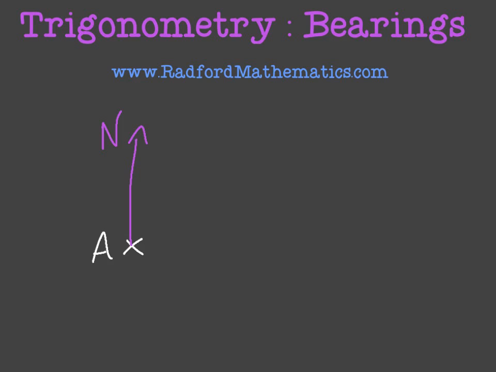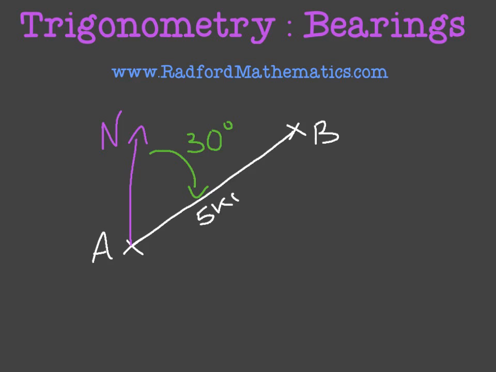Remember, always measure bearings clockwise. And we would turn clockwise from north 30 degrees. And then, since we were told we had to walk 5 kilometers, we would walk in that direction for 5 kilometers. And then we would reach our destination, which I'll call B here. 5 kilometers. Now, that's what a bearing actually is.